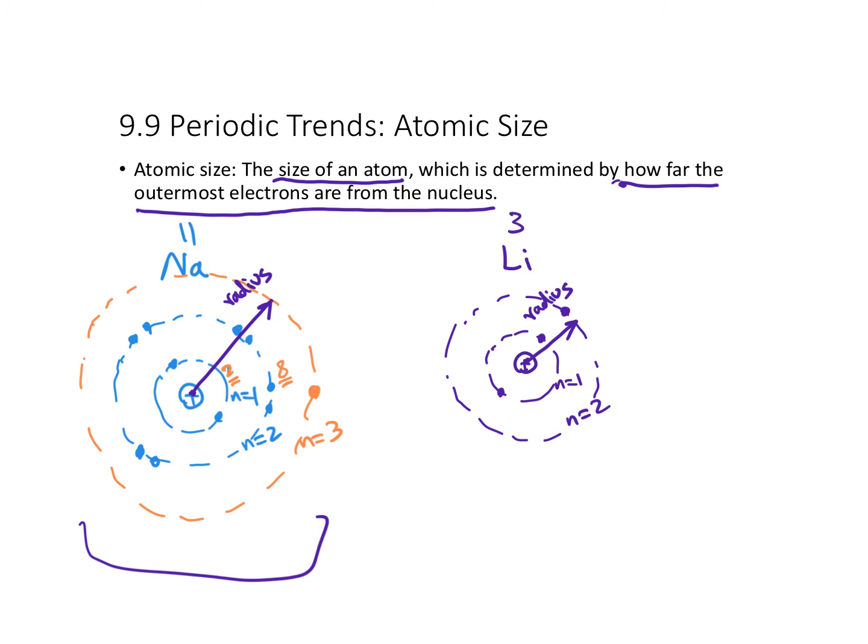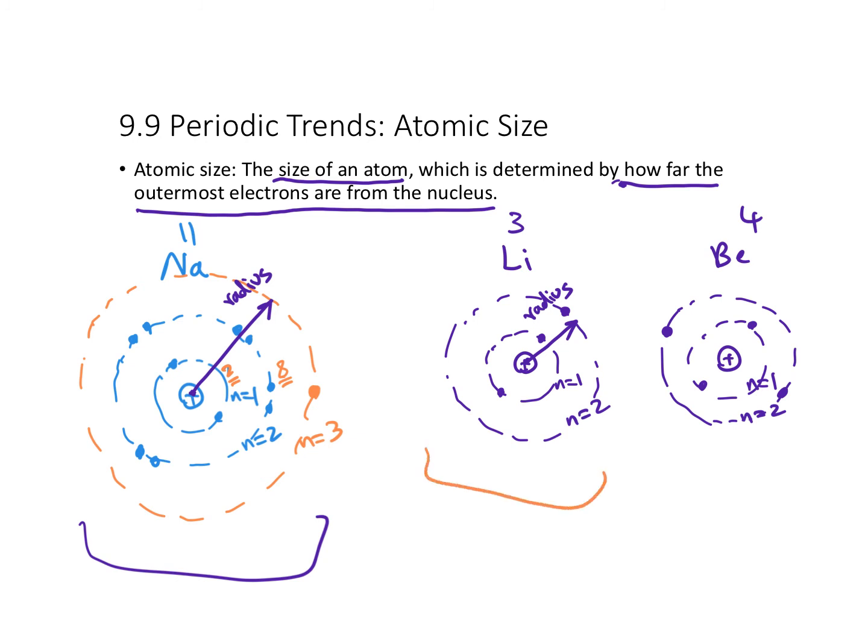But if I have lithium compared to beryllium, beryllium has 4 electrons. So I do the same: I write n equals 1, and then here n equals 2, with 2, 3, 4. So on paper, you don't see much difference, and I drew it like that intentionally. But the reality is that when you have only 3 electrons here, this electron can move more freely.